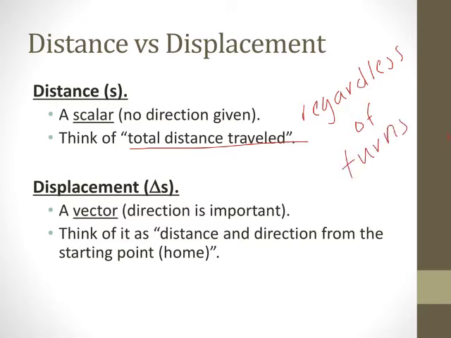Whereas displacement is a vector, and for displacement you ignore the turns, or you ignore the total trip, and you want to focus on how far away.